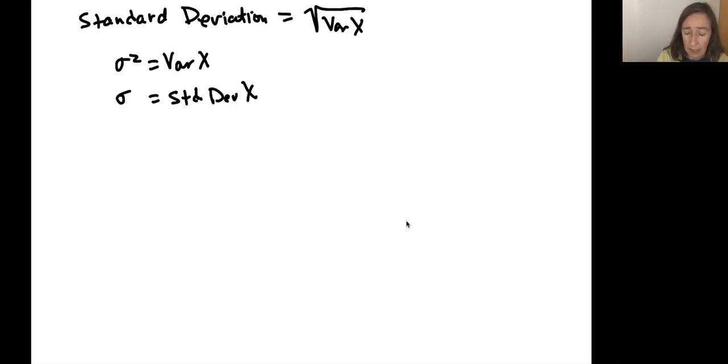Okay, so if we had a height example where the mean height was, say, 66 inches, let me be clear about what random variable I'm talking about here. The random variable is the height of a person drawn at random from a group. The mean is the expected value of that.